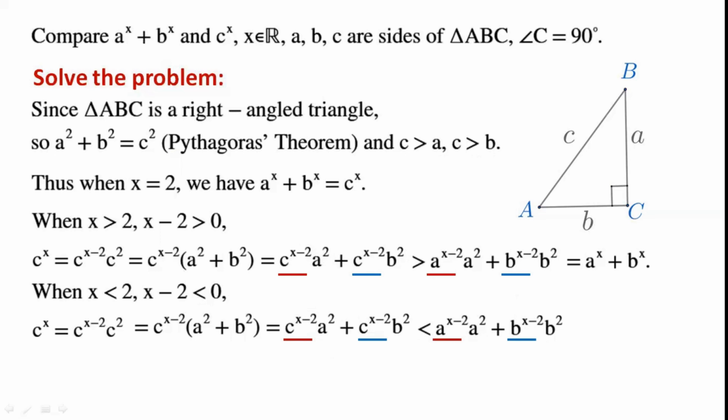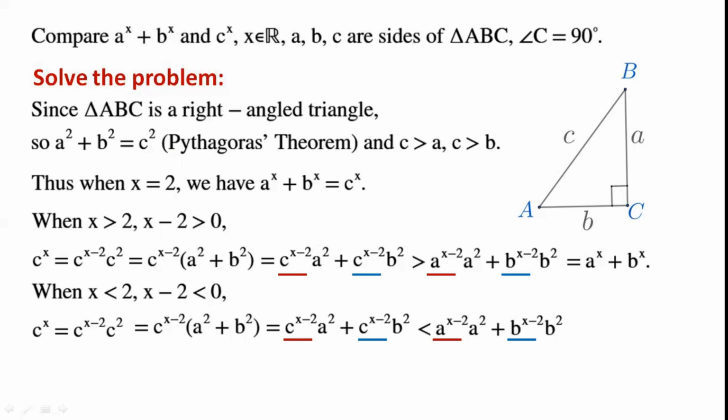As a and b are less than c and x minus 2 is less than 0, c to the power of x minus 2 is less than a to the power of x minus 2.